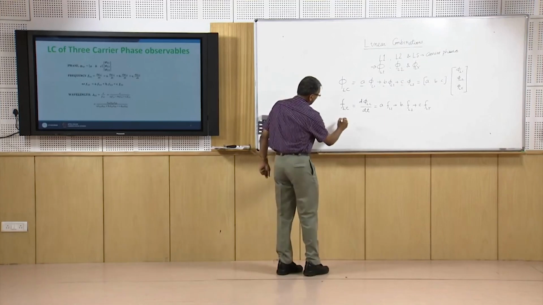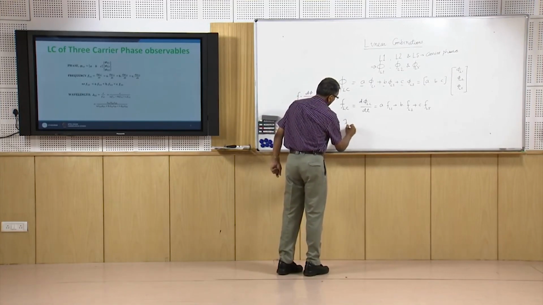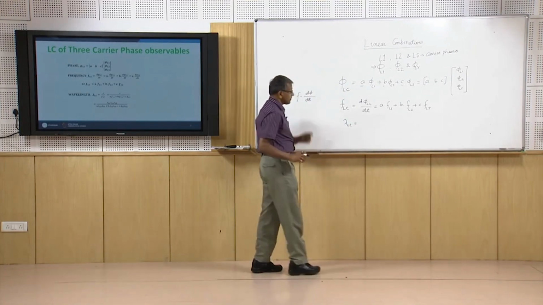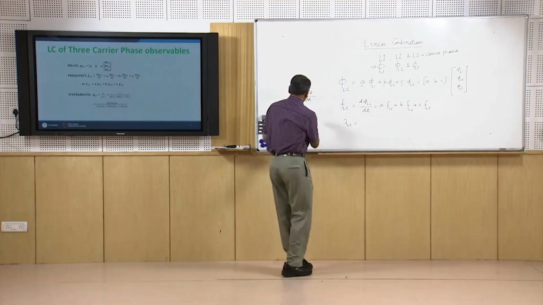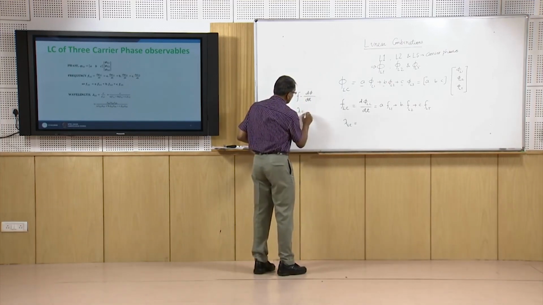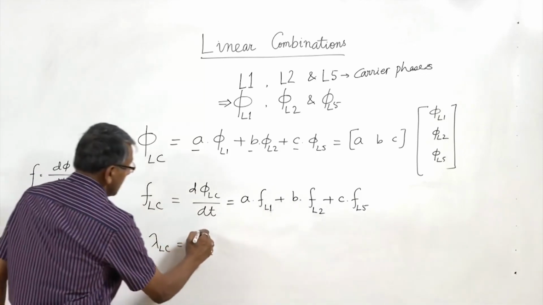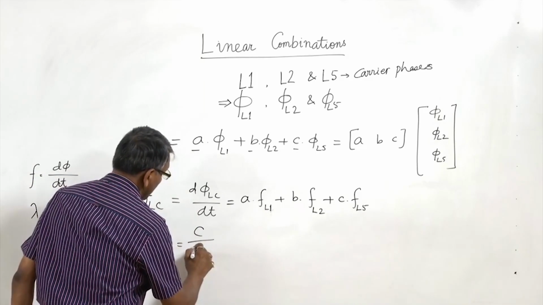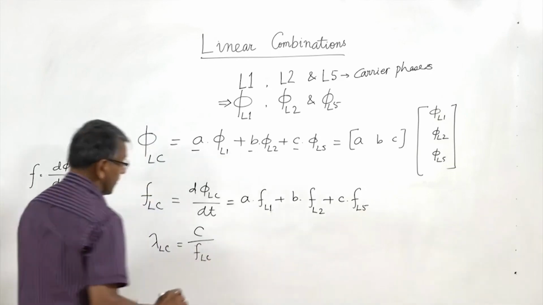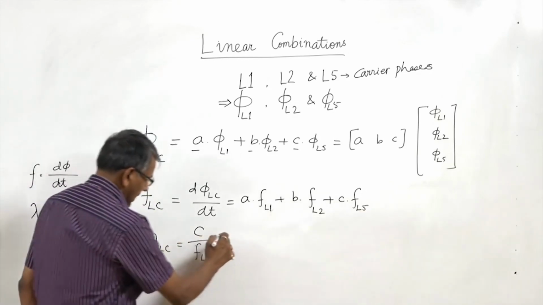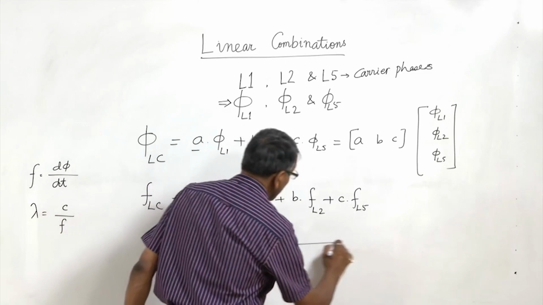Now, the wavelength of the combined signal, as we know, wavelength is equal to c by f, that means the wavelength of the combined signal will be equal to this. Through algebraic manipulation we can get it.